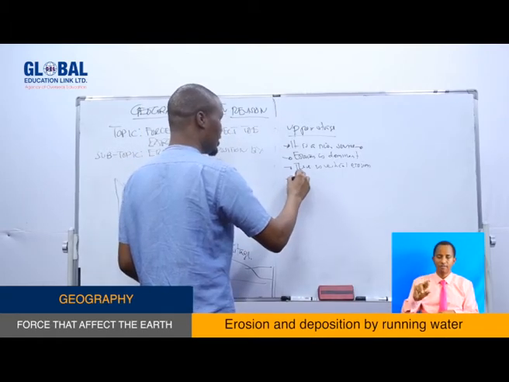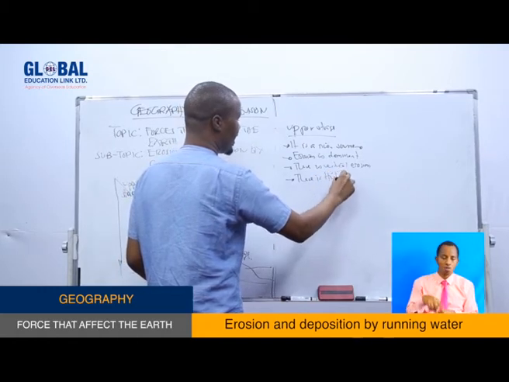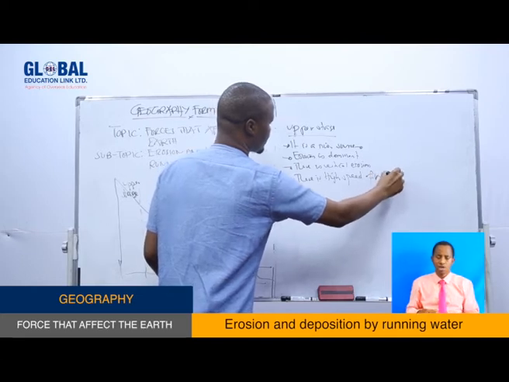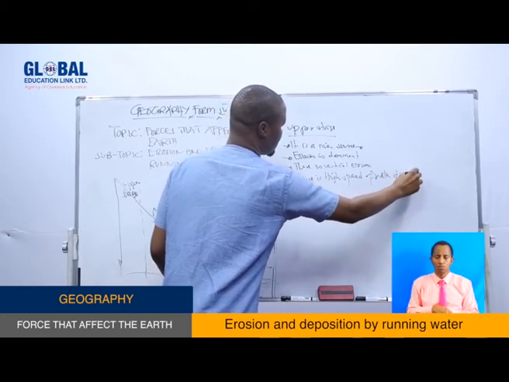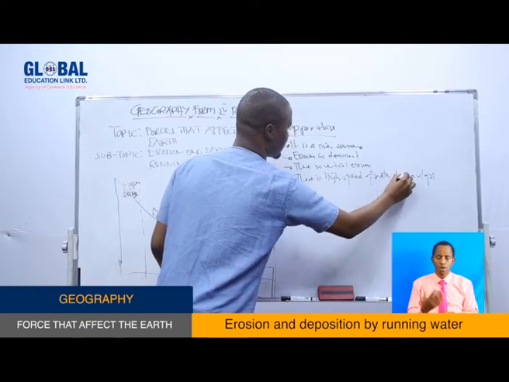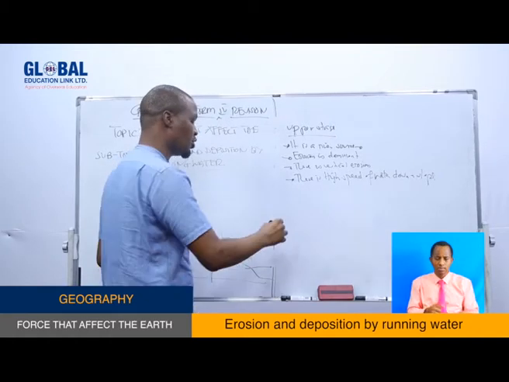Then we say there is high speed of water down a slope. Why? Because there is a steep slope.